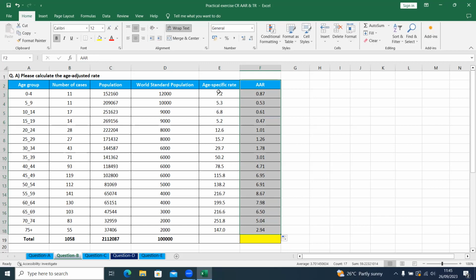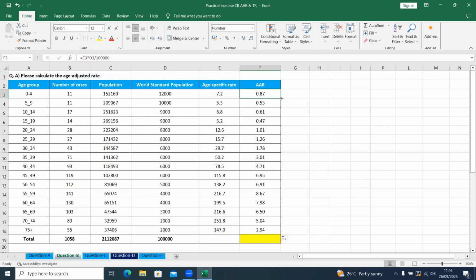To calculate the age standardized rate or age adjusted rate, first we calculated the age specific rate. Then our next step was age specific rate into world standard population of that age group divided by 100,000.